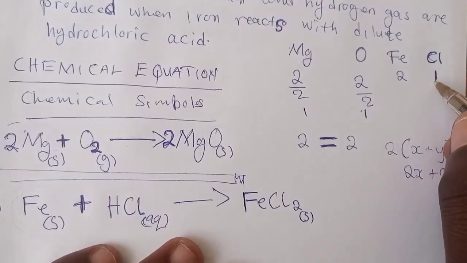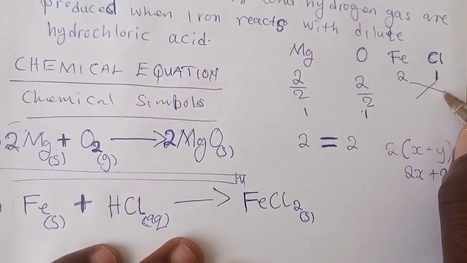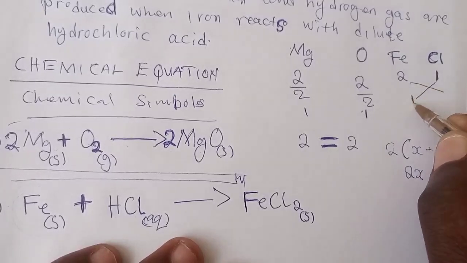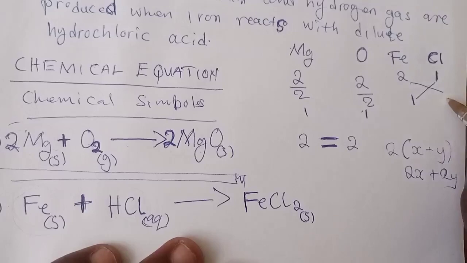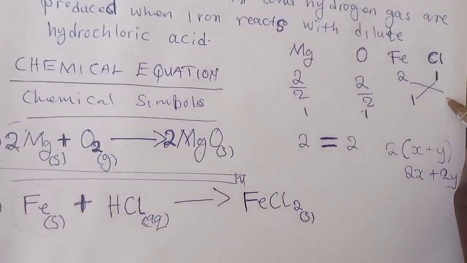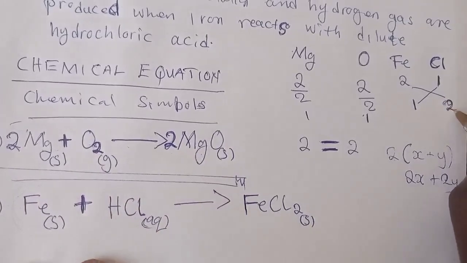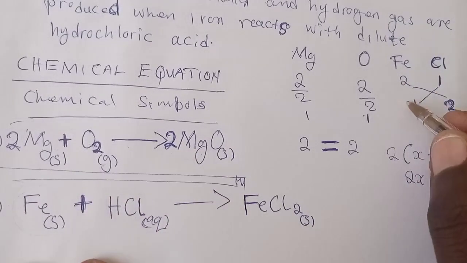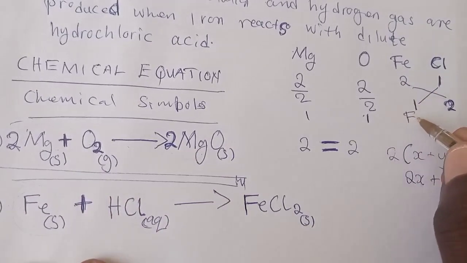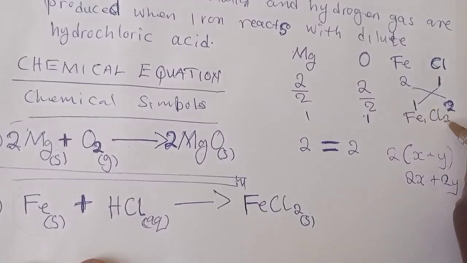So when these two swap like that, this one will come this way, and these two will come here. It will be iron 1, then chlorine 2.